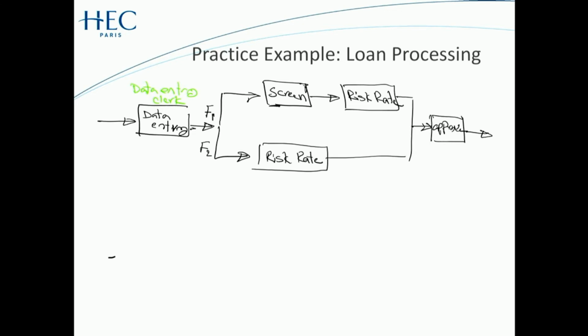The screening for Forms 1 is done by Staff A, the second by Staff B, and risk rating for Forms 2, F2s, is done by Staff C. Of each of these resources, we only have one.